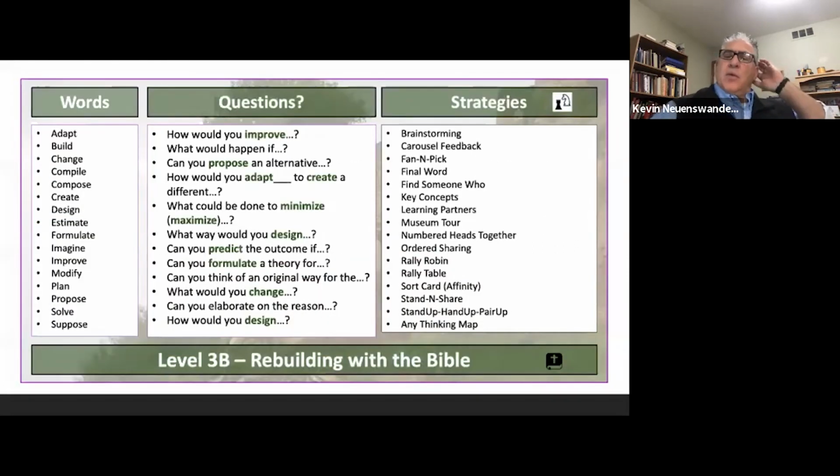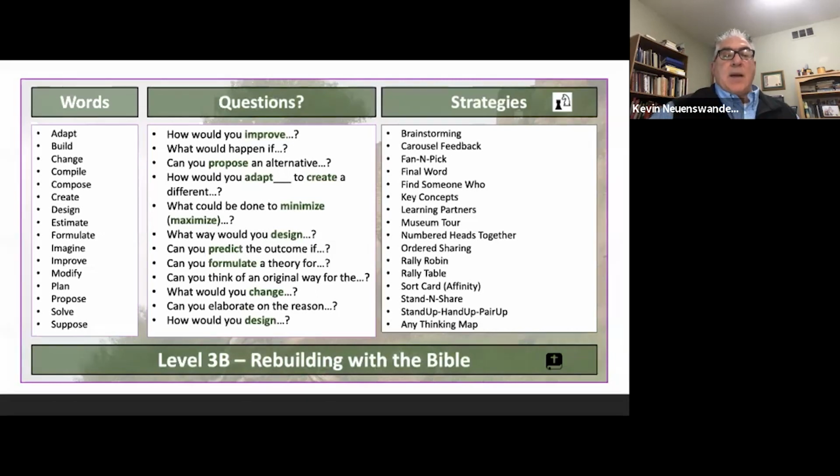So the last is rebuilding with the Bible. Word bank: adapt, build, change, compile, compose, create, design, estimate, formulate, imagine, improve, modify, plan, propose, solve, suppose. So questions: how would you improve? What would happen if? How would you, or can you propose an alternative?